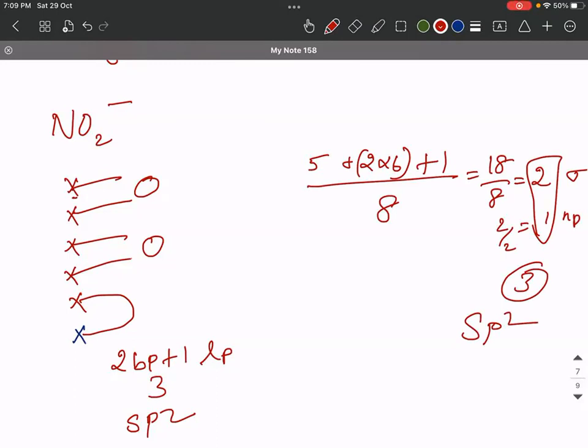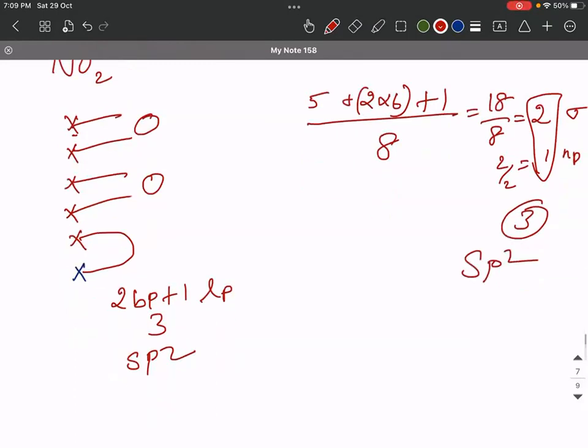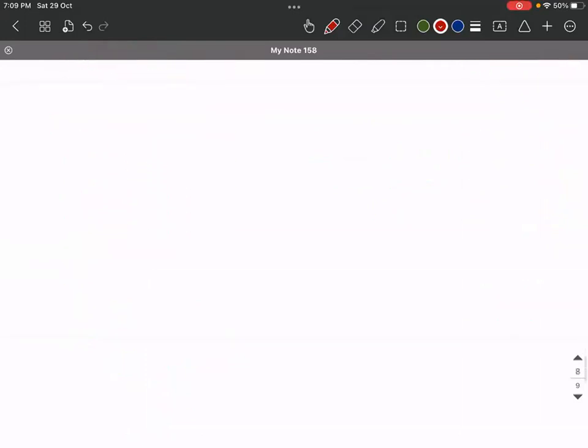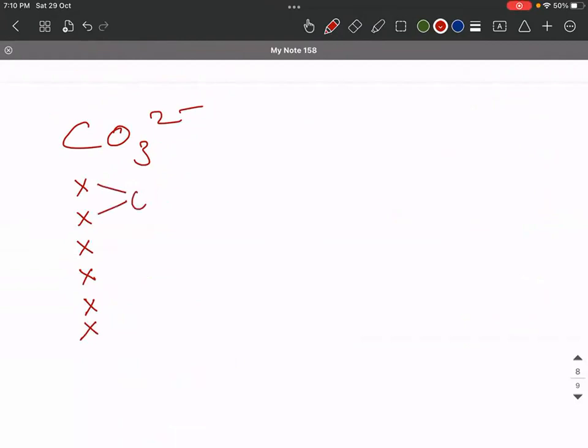You can try for CO3 2 minus. Come and do it here. I will give the next molecule to you one by one.